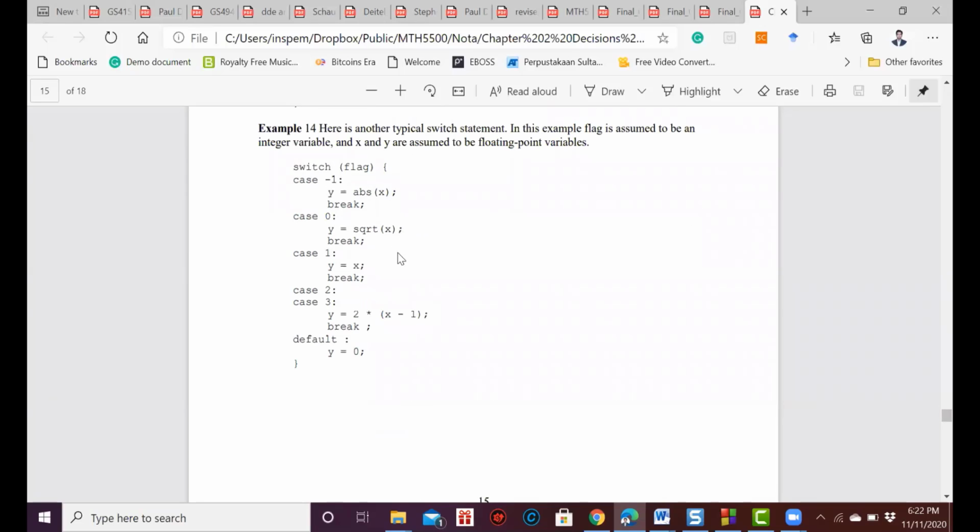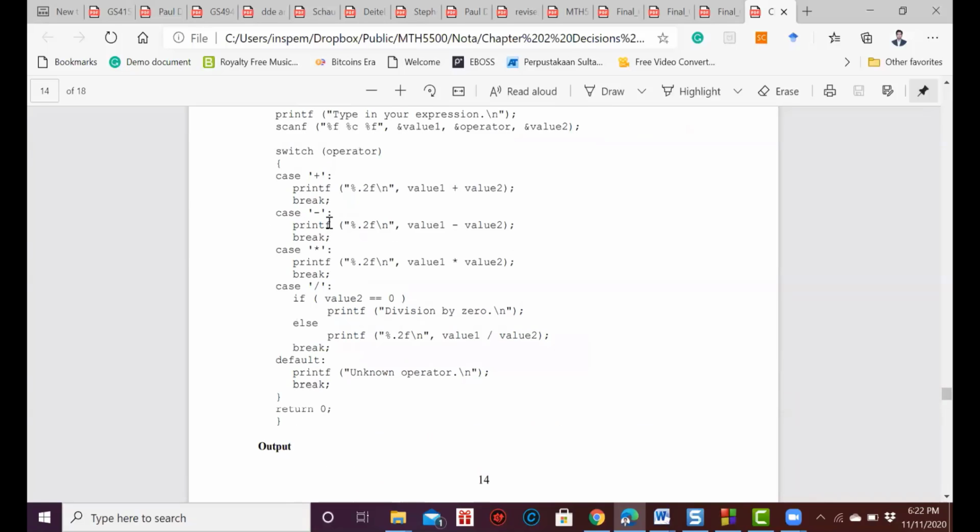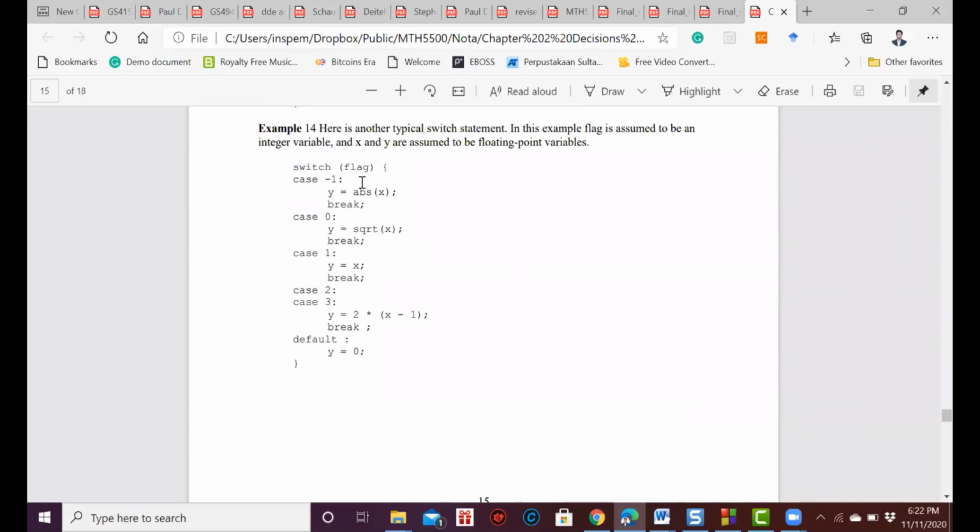Now go to the next example, a switch statement for an integer. The previous ones were characters; this one is an integer. Here flag is declared as an integer and read from the keyboard. If case -1, then y is the absolute of x. Case 0, then square root of x.